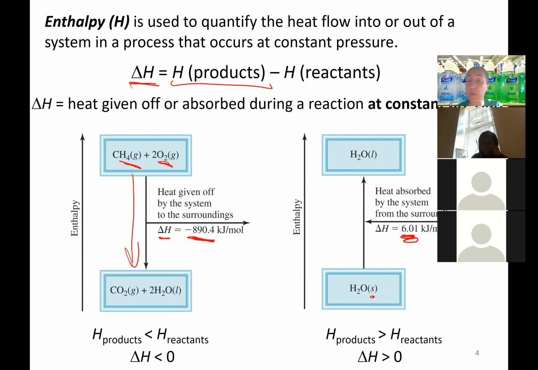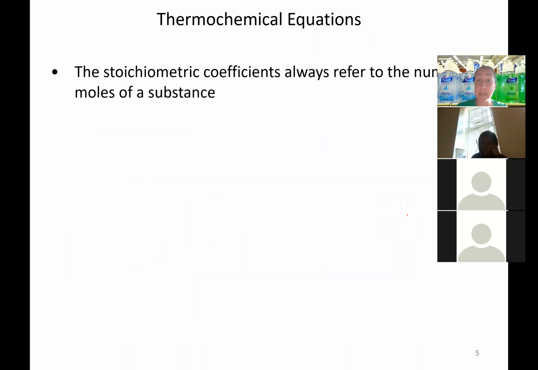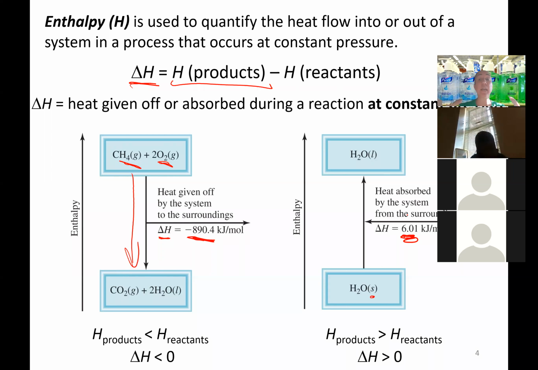But look at the enthalpy value. It's a positive number. Why? Because the system took in energy from the surroundings, and you know that because it's a positive number. Does that make sense to everybody a little bit more? Okay, so that's literally it as far as the concept behind it.